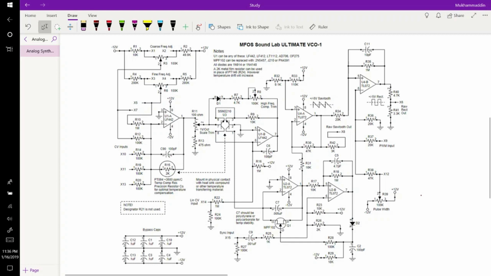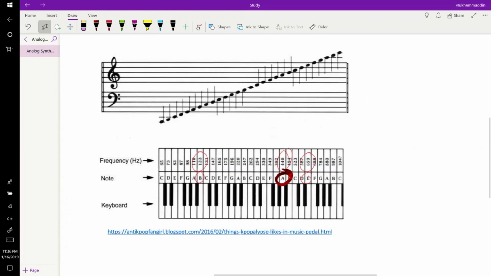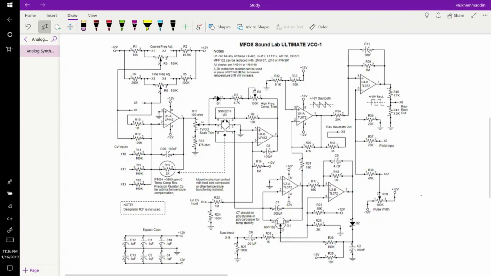Why? Because we don't need an oscillator that just produces random frequency. We need to know exactly what frequency we're producing, because that way we're making music. Otherwise, we're just making noise. And the way the oscillations are controlled in analog synthesizers is with voltage, hence voltage controlled oscillator.